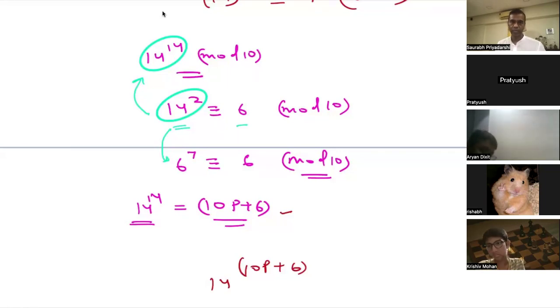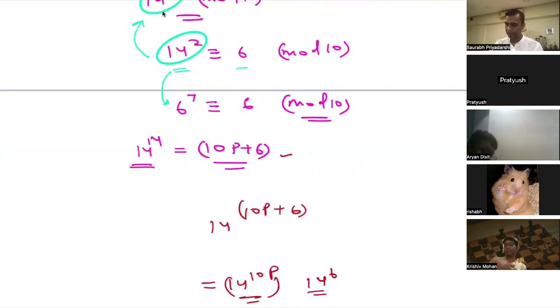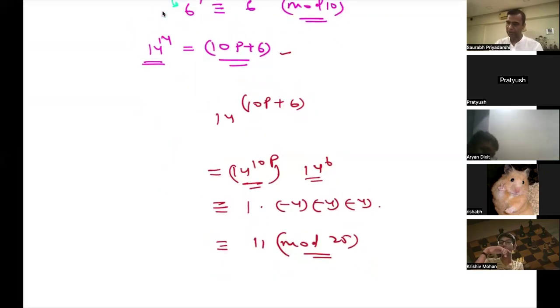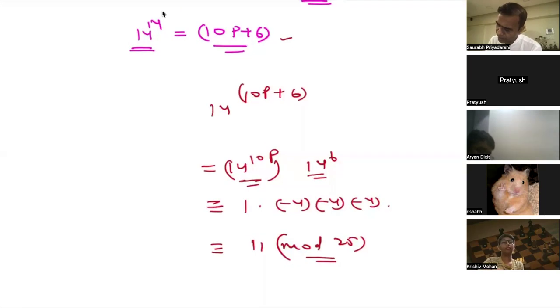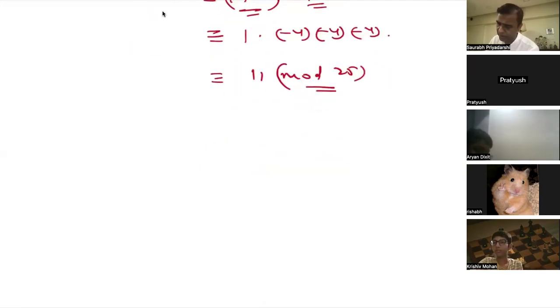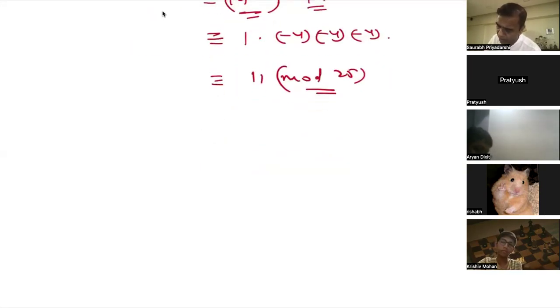Okay. Then after this, the steps. Now, okay, everyone? Comfortable, everyone? Yes, sir. Now, see. In this case, the number is in the form of 25t plus 11.